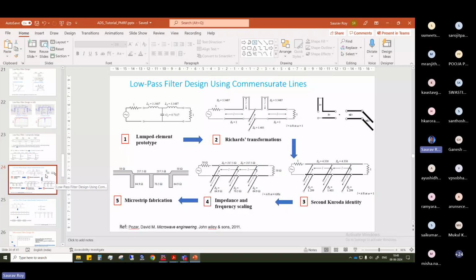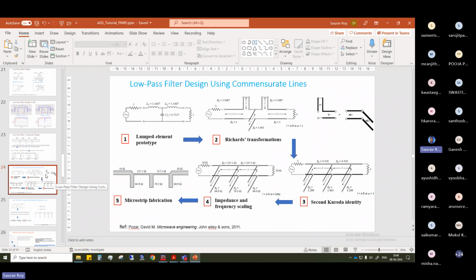Using it, we can replace an inductor by a shunted stub of lambda by 8 length, and a capacitance by an open stub of length lambda by 8. Because the length was the same across all the lines, it was called commensurate line theory.